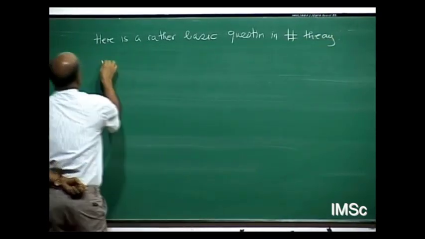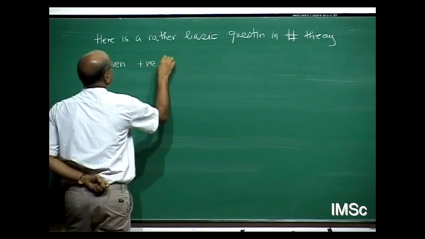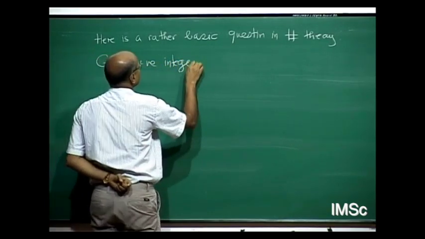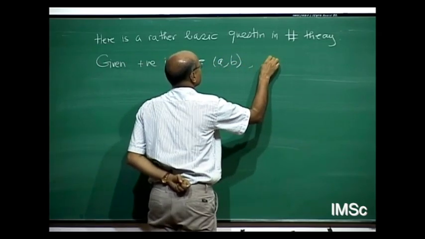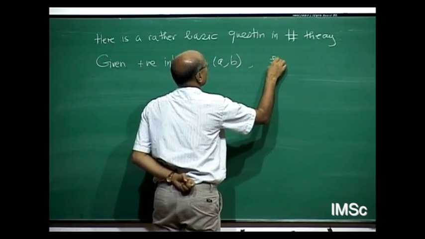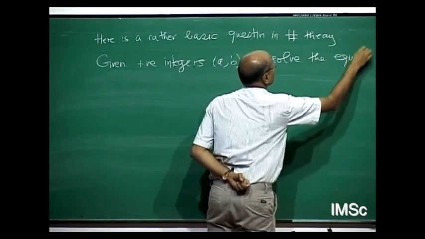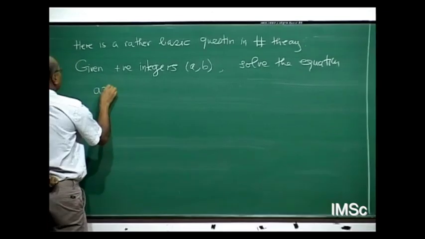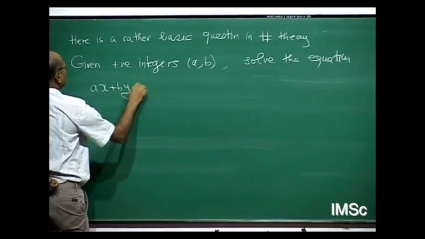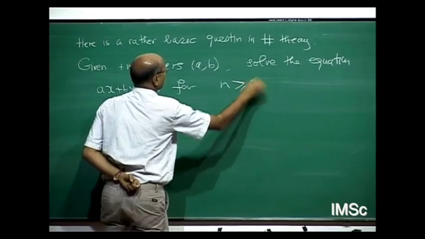Given positive integers a, b, solve the equation ax plus by equals n for n greater than or equal to 0.